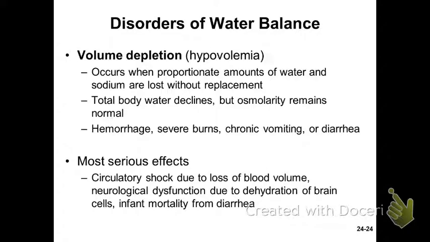So what are some disorders? What can go wrong if you have wrong amounts of water or improper balance? Well, if there is what's called hypovolemia, break this down for me. So hypovolemia, emia, a condition of the blood where you have hypo, low volume.